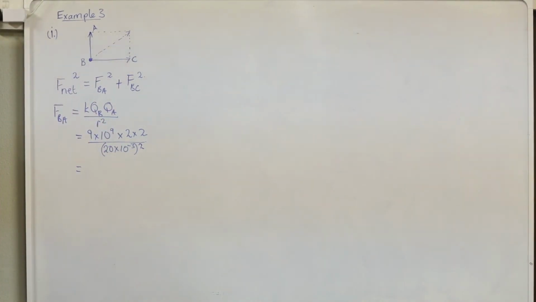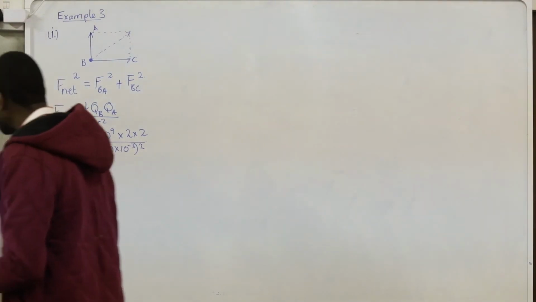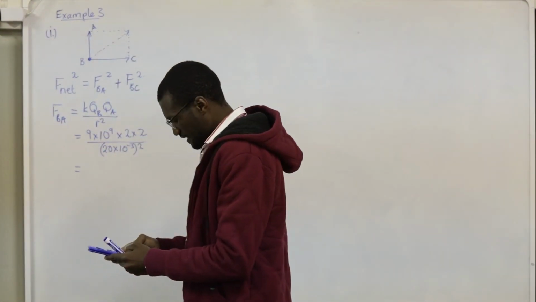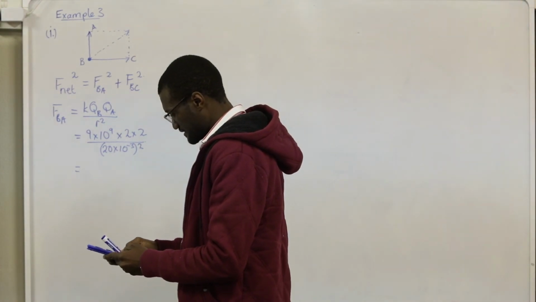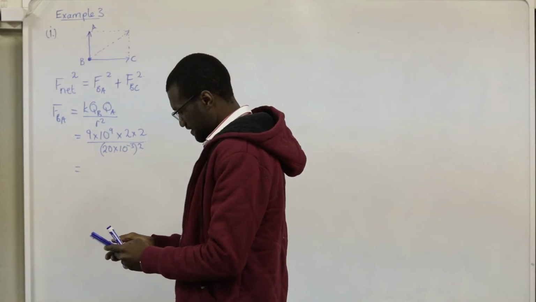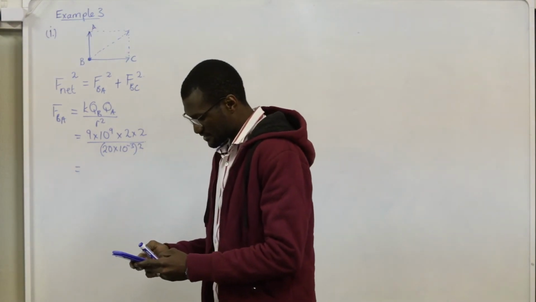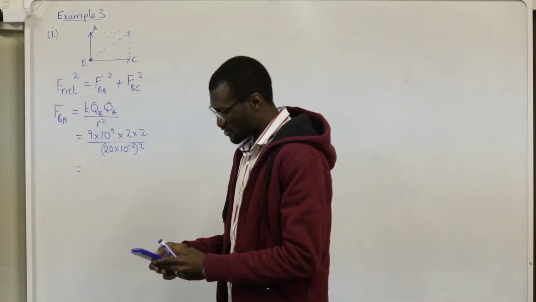Once again, with my calculator, I am going to find the value of 9 multiplied by 10 to the power of 9. This is good practice for your calculator. You must be a good friend with your calculator because you need it to get to the correct answer.